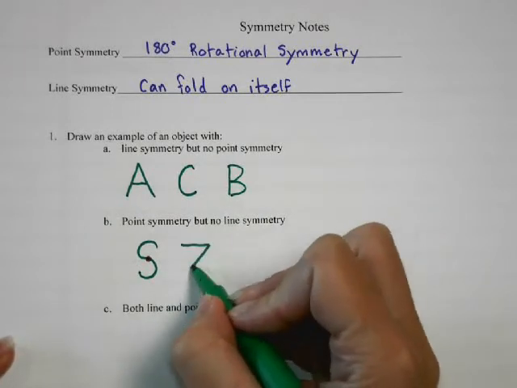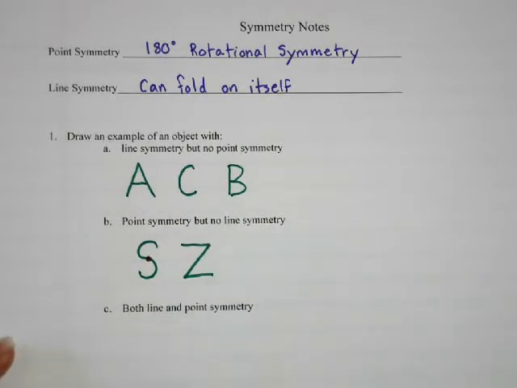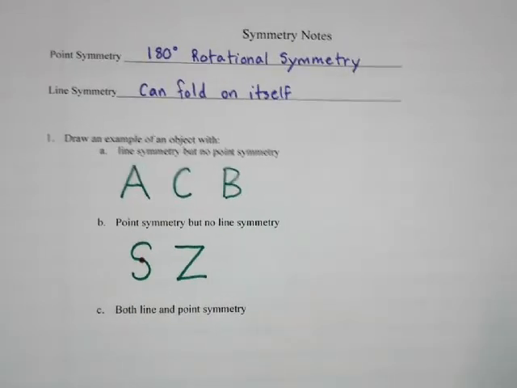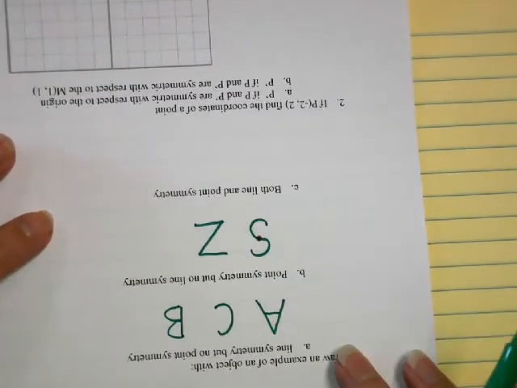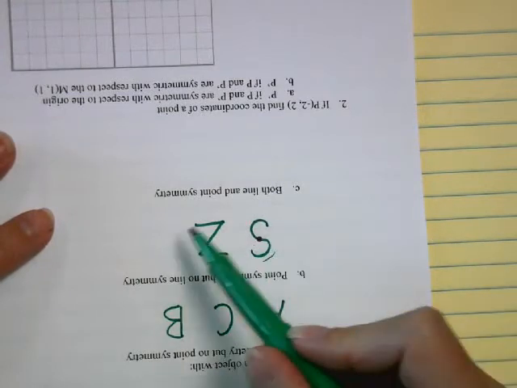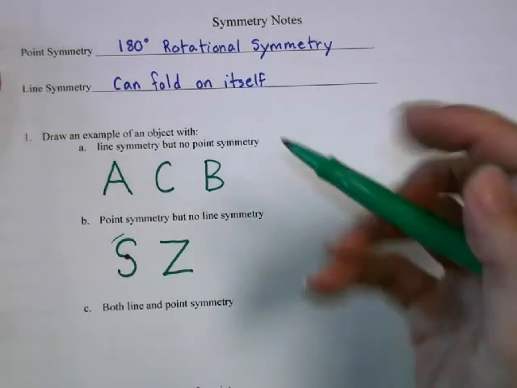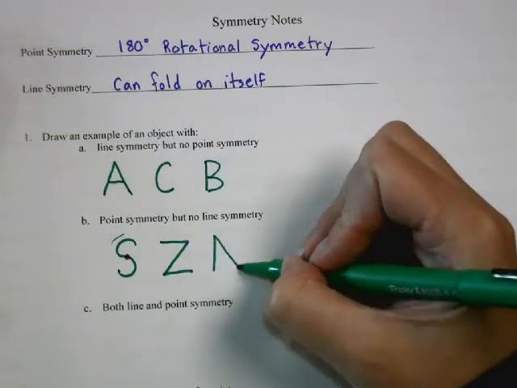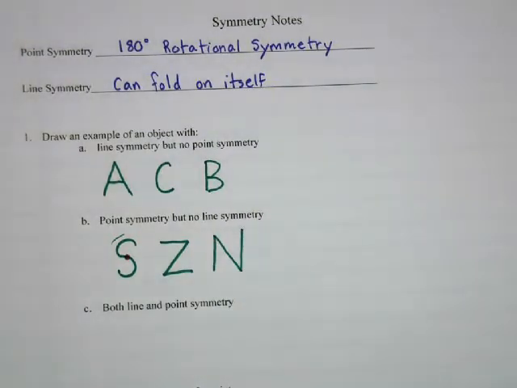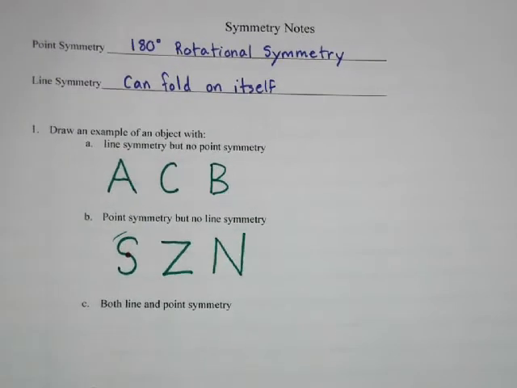A capital letter Z, there would be a point in here. Also, if you turn it upside down, it still looks like an S and a Z. And once you think of Z, you can start thinking of other ones like N.